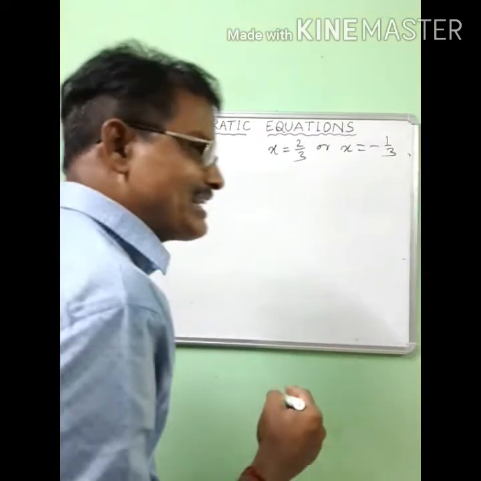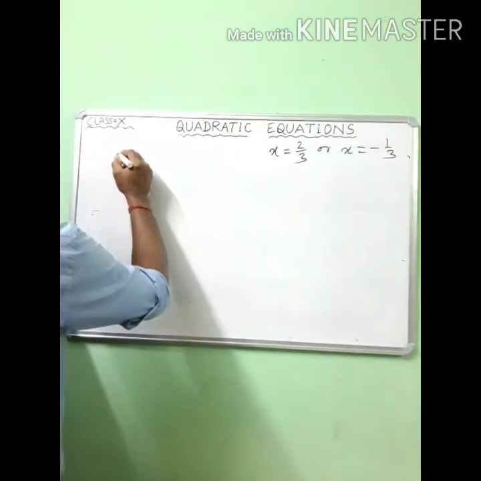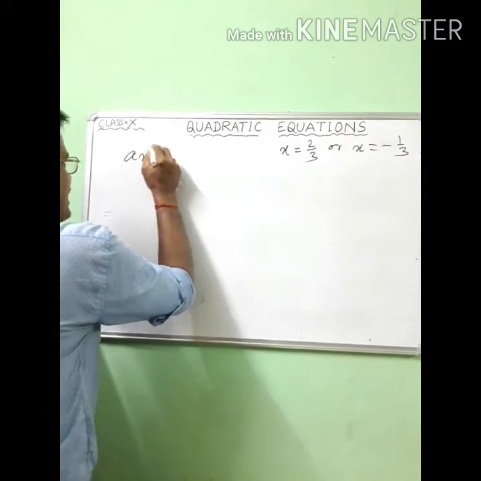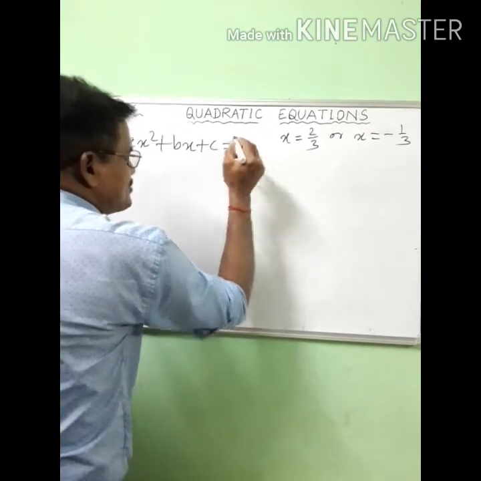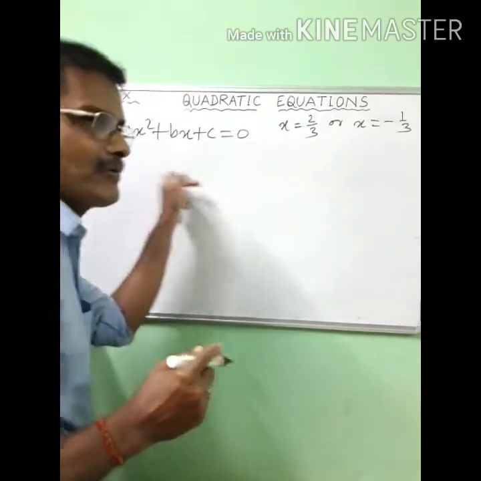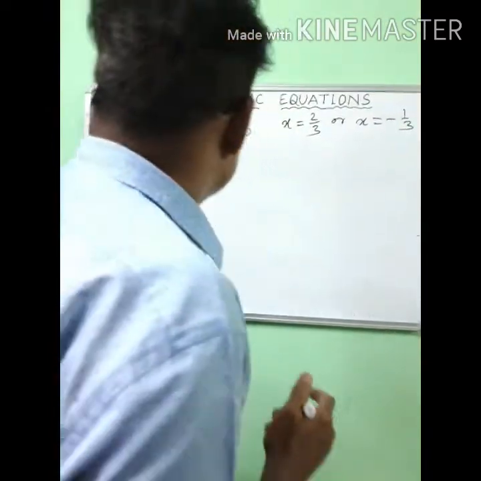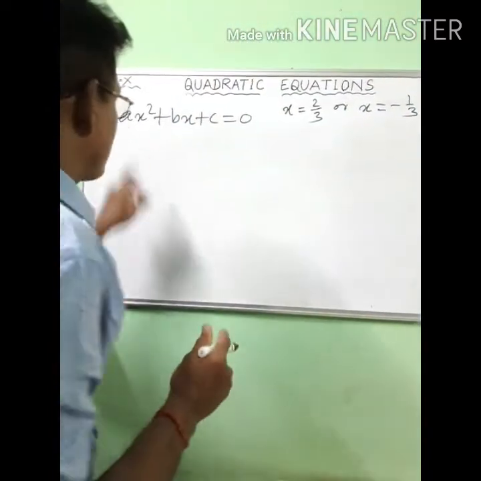The general form of a quadratic equation is what? ax square plus bx plus c is equal to 0. This is the general form of a quadratic equation. So let us find the formula from this.